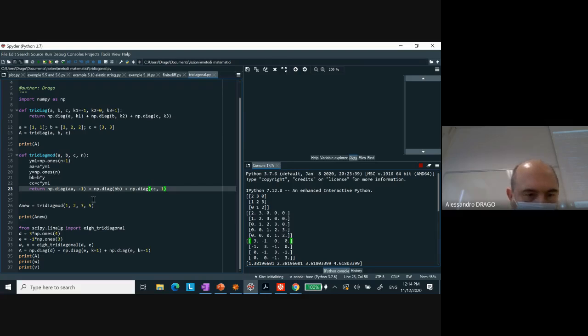For instance, let's take this one, which is the main diagonal. Ones n, if I take n equal to 5, contains 5 objects, and it is 1, 2, 3, 4, 5. Okay, so on the main diagonal, I have 5 objects that initially I put all equal to 1, and after I just multiply by a constant. And these are the elements with which I fill the main diagonal.